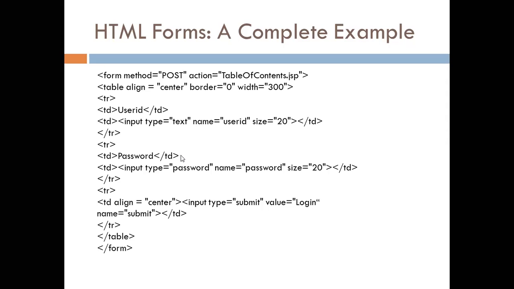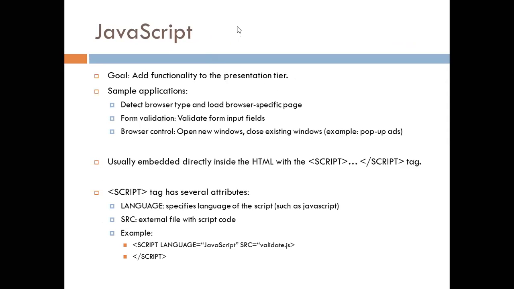Then when a button is clicked, what happens next? In the presentation layer, these functionalities can be added using one more language, that is JavaScript. JavaScript is completely different from Java and has nothing to do with it. It is a scripting language.